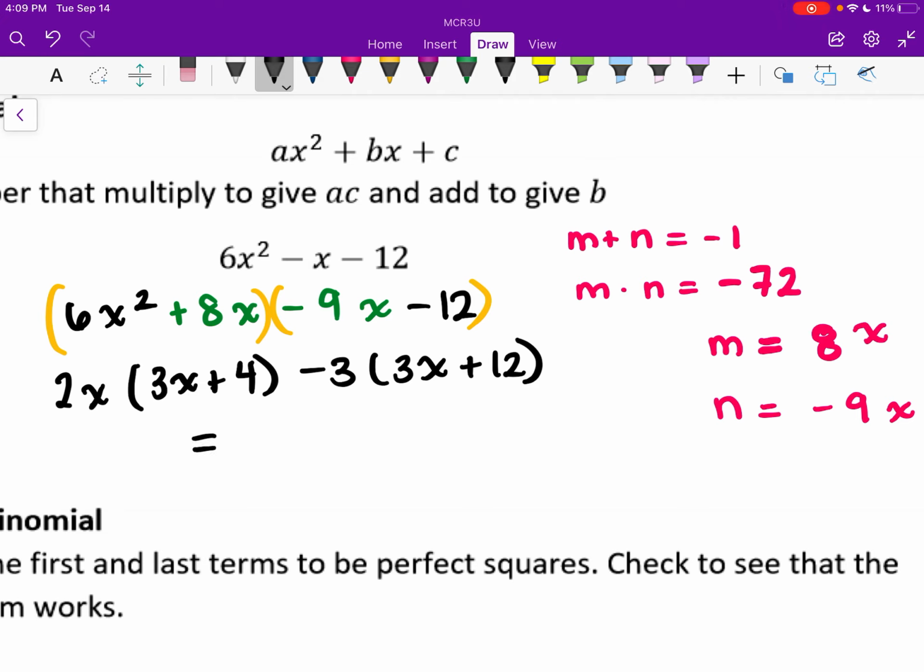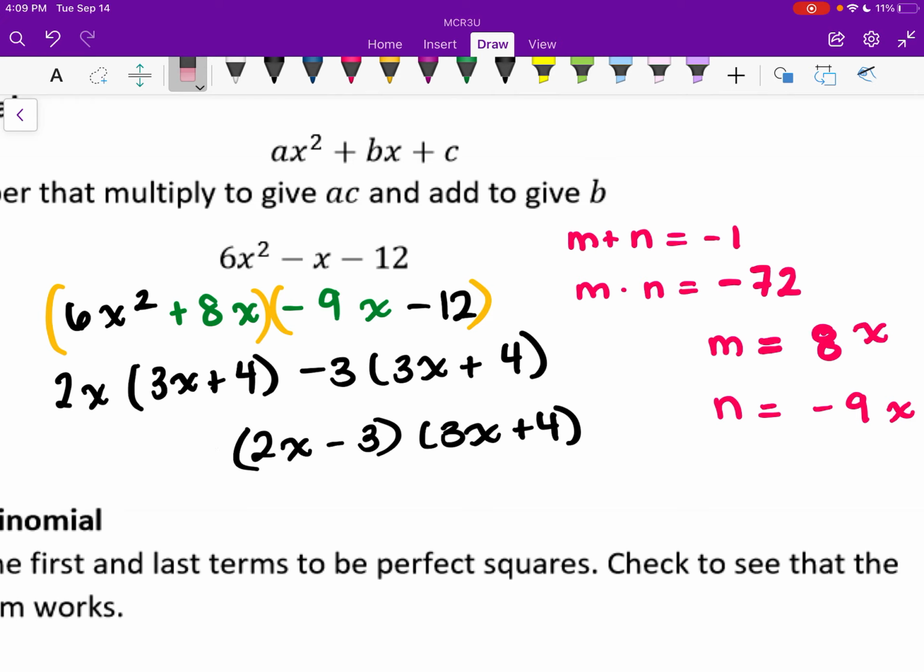And then just group everything together, 2x minus 3, 3x, oh my goodness, not plus 12, it's plus 4. Sorry about that. 12 divided by 3 is 4, plus 4. And that is my answer. I'm not going to write the equal sign there, it's not supposed to be there. That is the most simplified polynomial in that situation.